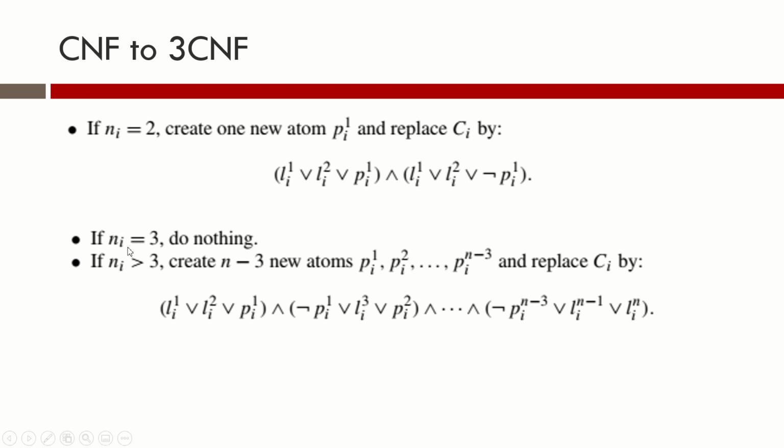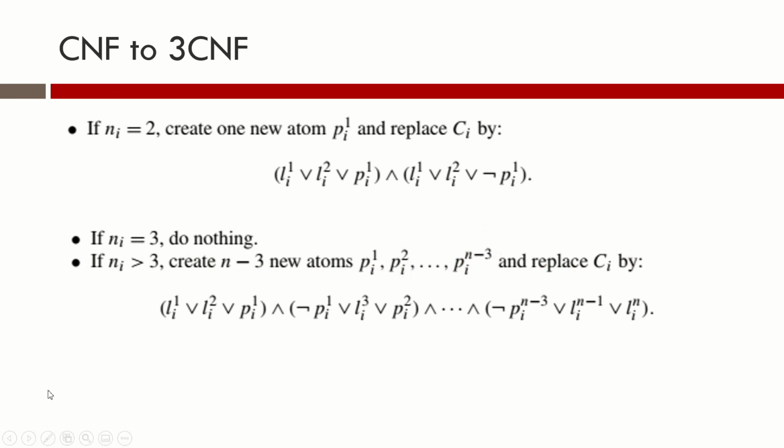When Ni equals 3, you don't have to do anything, because our intention is that every disjunction should have 3 literals. Now if Ni is greater than 3, which means that in your disjunction you have more than 3 literals, in that case we will have to split that disjunction into multiple disjunctions. So we need to create n-3 new atoms: Pi1, Pi2, etc., up to Pin-3.